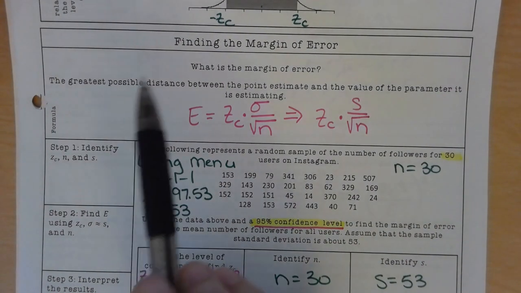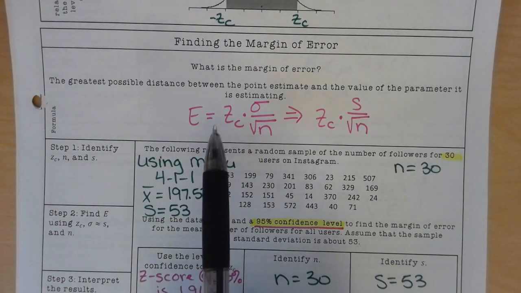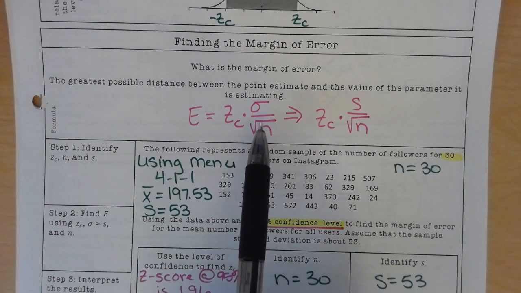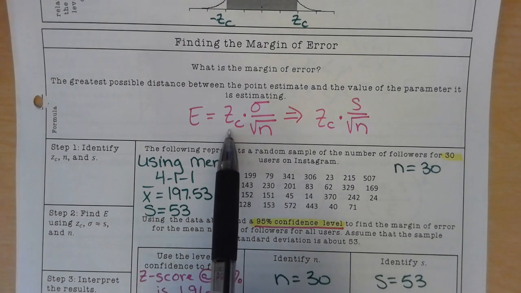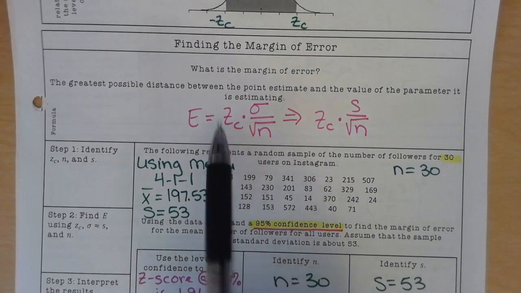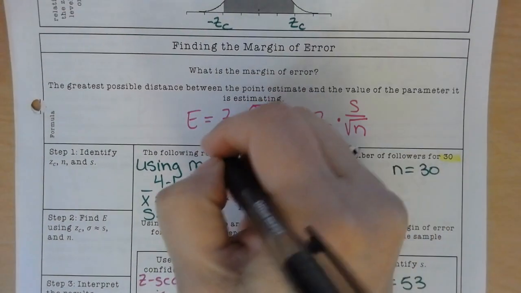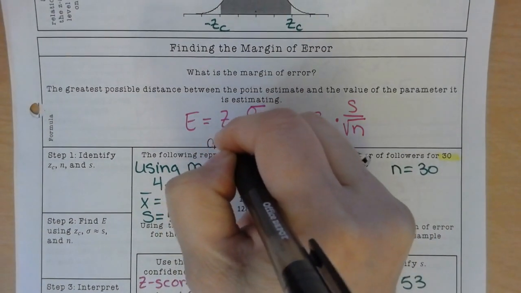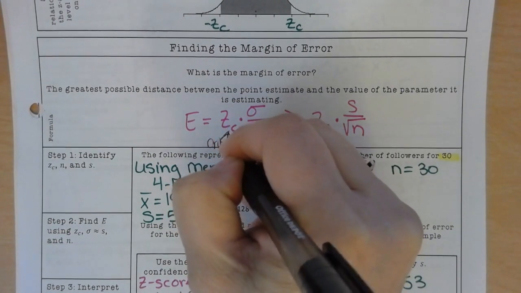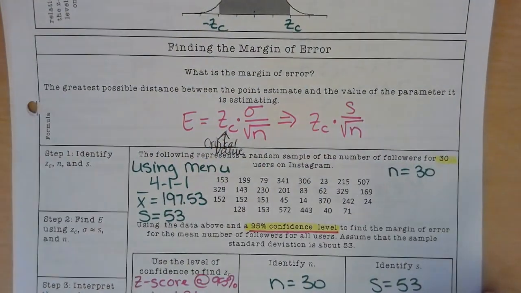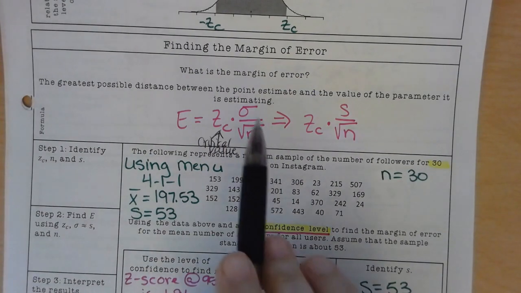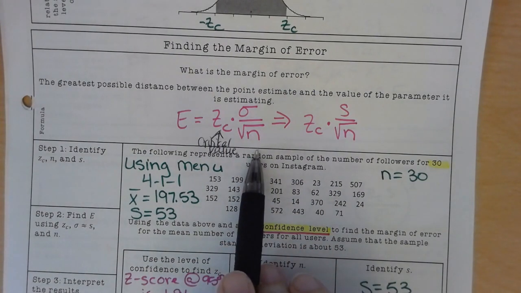Once you find your Z sub C, we use that in the formula for margin of error. The critical value, which is this, that's what the Z sub C is, times the standard deviation divided by the square root of n.